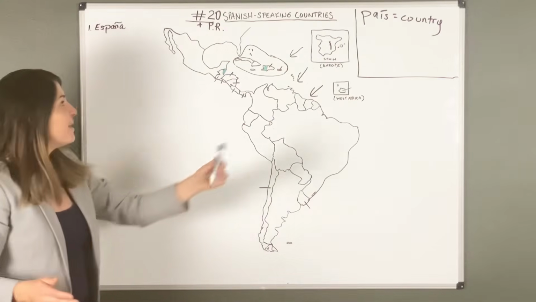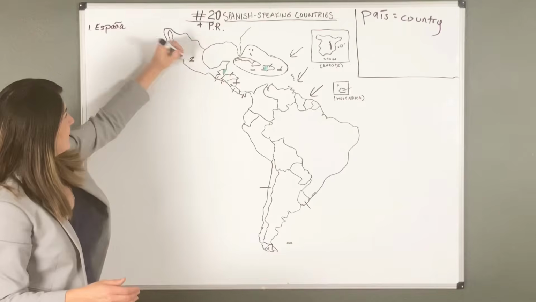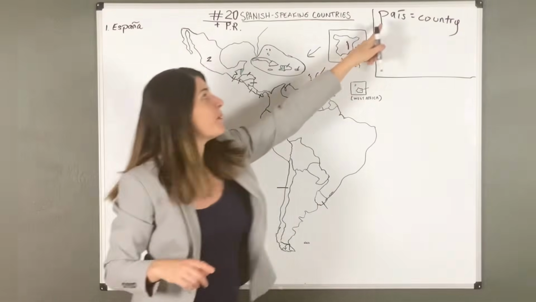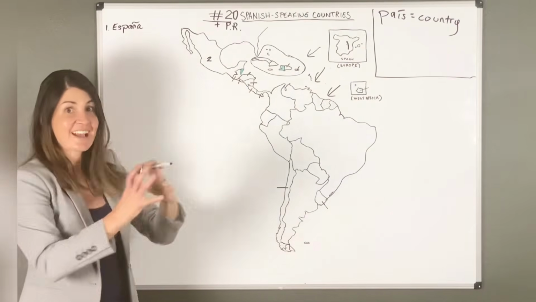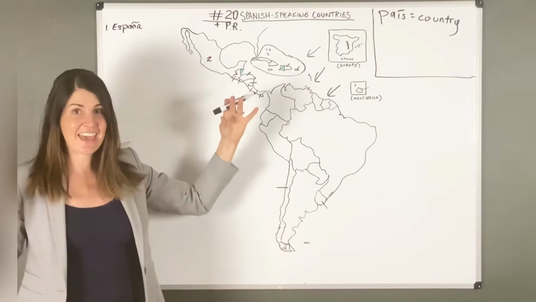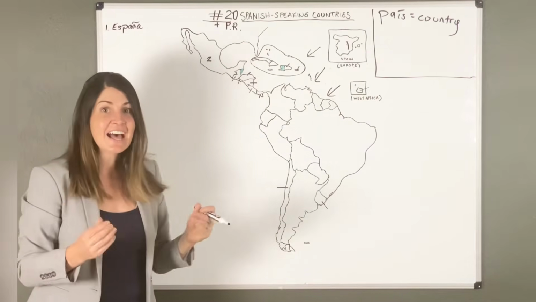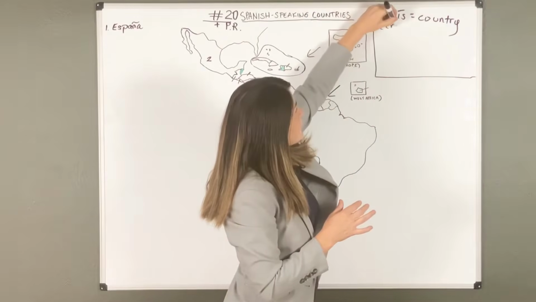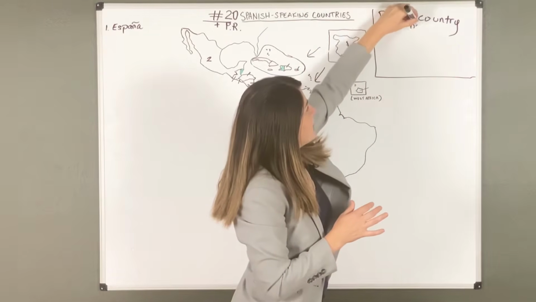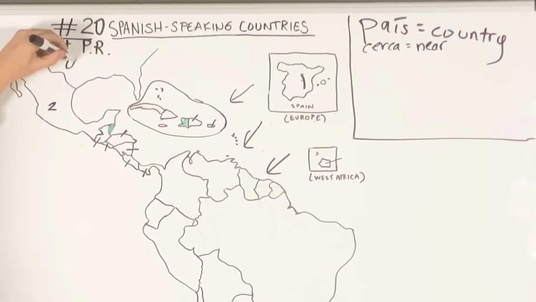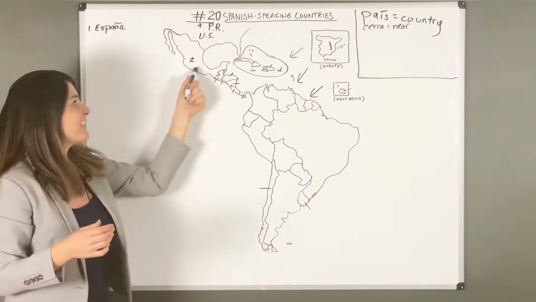Ok, ahora vamos aquí. Aquí es otro país. Es un país grande, no es pequeño. Es un país grande y está cerca de los Estados Unidos. ¿Cómo se llama este país?